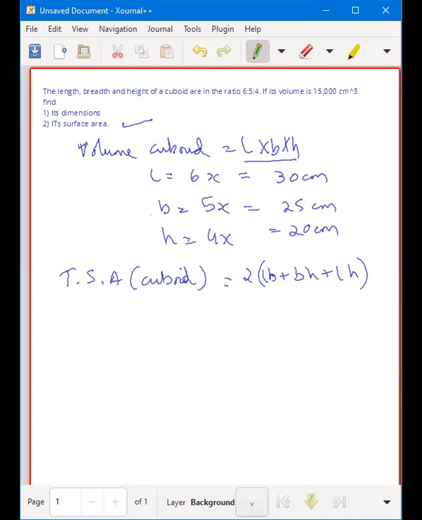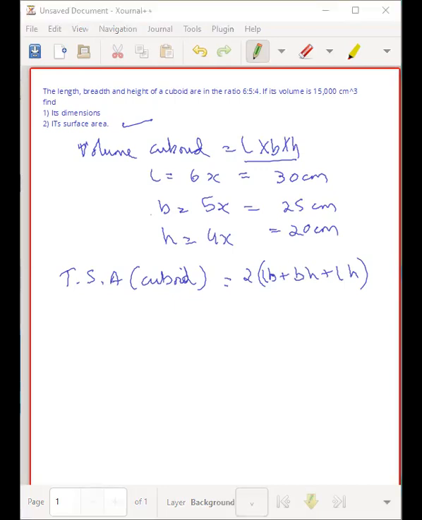Last 1 minute, all of you will quickly solve this. Just replace the values and send me your answers. All of you will hurry up.